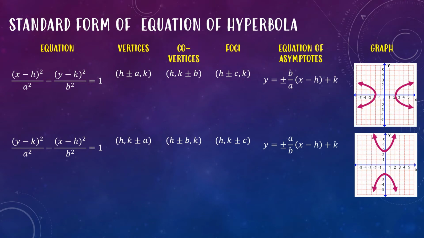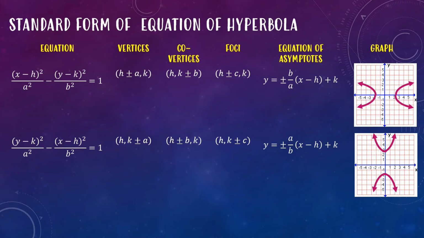The vertices, we have h plus minus a and k. For co-vertices, we have h and k plus minus b. For foci, we have h plus minus c and k. By the way, ang center is h and k.